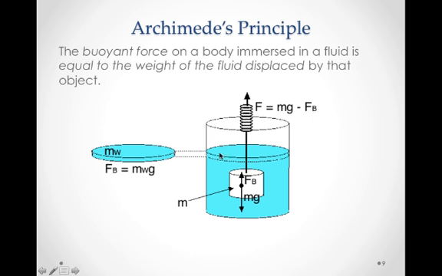Not only will the water rise, but the amount of force in the spring will decrease by a certain amount. How much that force decreases is called the buoyant force. What Archimedes realized is that if we take the volume of water that rose and look at it separately, its mass times the acceleration due to gravity, the weight of that water, would be equal to the buoyant force on the object. Pretty cool discovery.